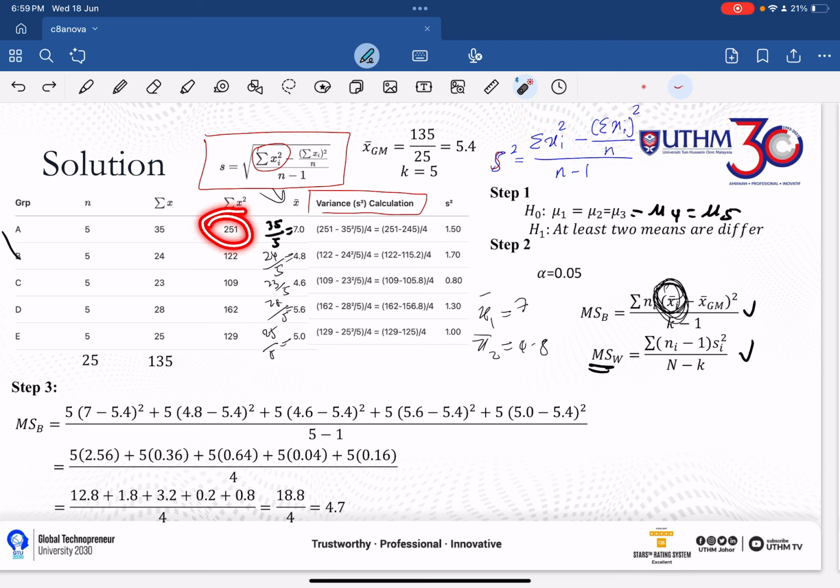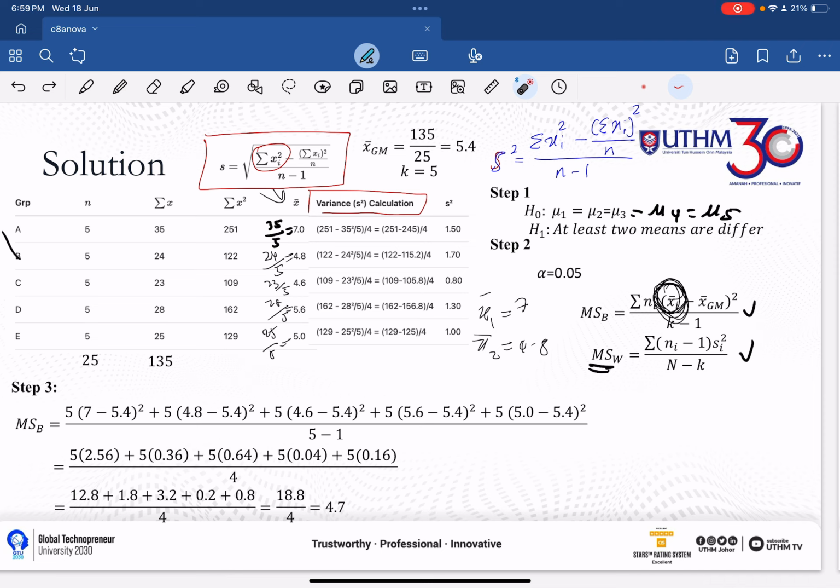So 251 minus the summation of x, 35, then we square the 35, divide by n, our n is 5, and then over n minus 1, 5 minus 1 is 4. Okay, here. So you get 1.5, the variance.